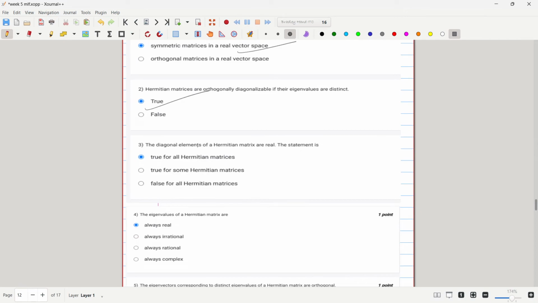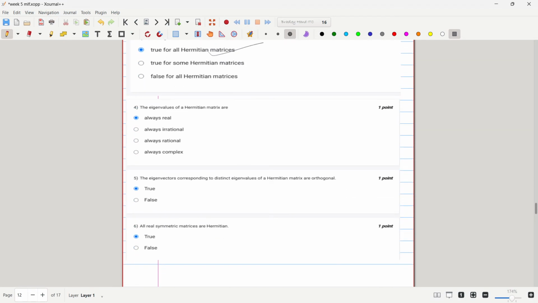The diagonal elements of a Hermitian matrix are real. Yeah, true for all Hermitian matrices. Eigenvalues of a Hermitian matrix are always real. The eigenvectors corresponding to distinct eigenvalues of a Hermitian matrix are orthogonal. That is also true. How? Ax is equal to lambda x and Ay is equal to mu y, so x conjugate transpose y will be equal to 0.